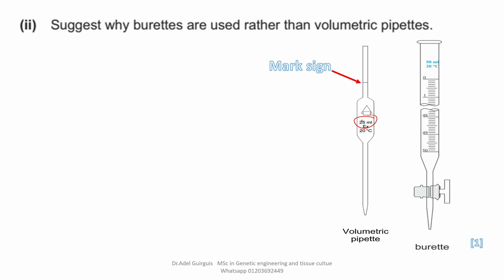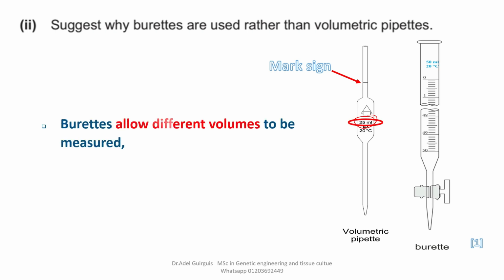Fixed, just fixed. But in this exam, the student uses several different volumes of barium nitrate in each experiment: 1, 1.5, 2, 2.5, and so on. How can we do that with a volumetric pipette? We can't. So the answer: burettes allow different volumes to be measured, while a volumetric pipette measures a fixed volume each time.